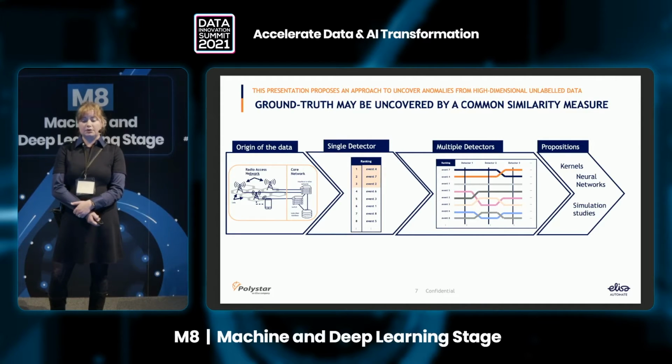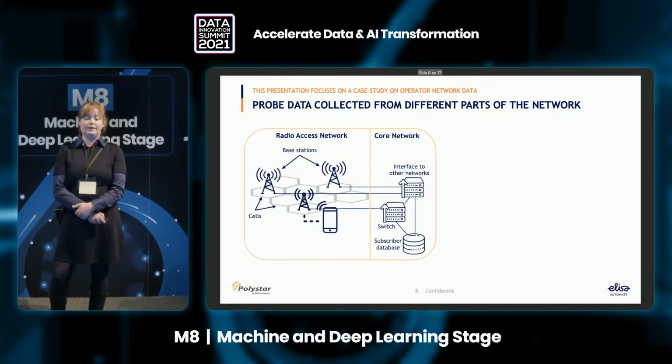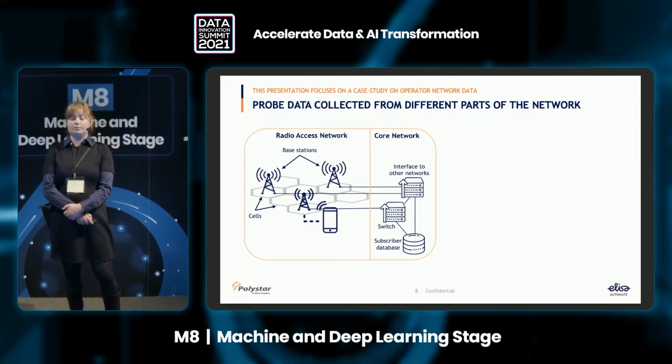So let's first take a look at this operator network data. It is probe data or sensor data collected from different parts of the network. This is a very simplistic figure, so those from telecommunications probably have more detailed figures.